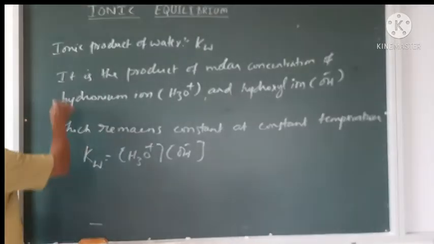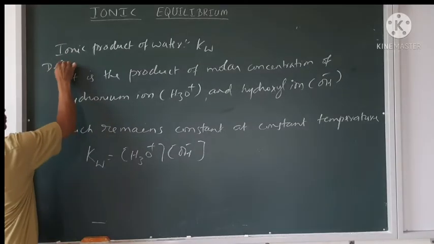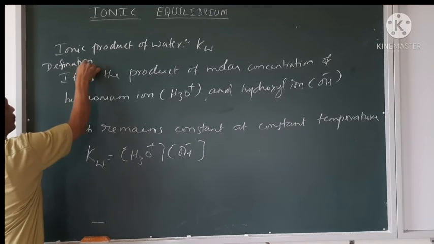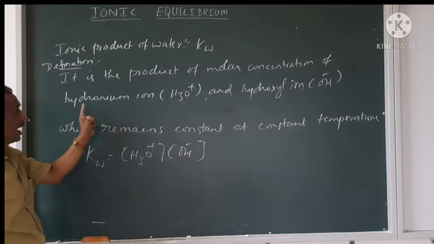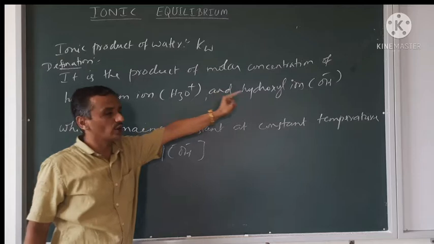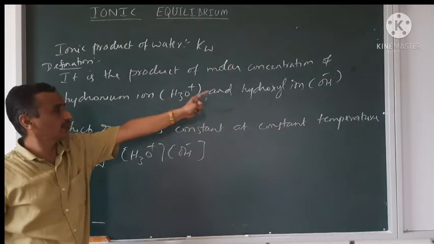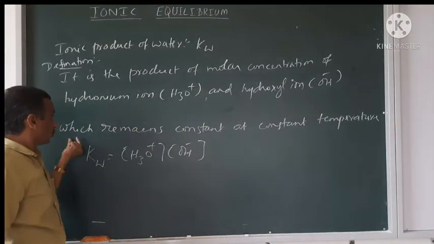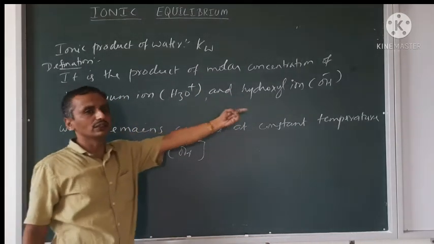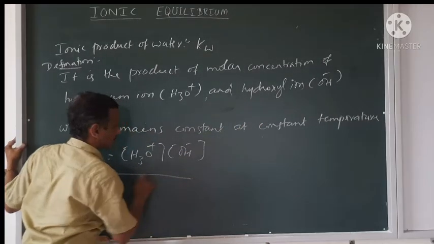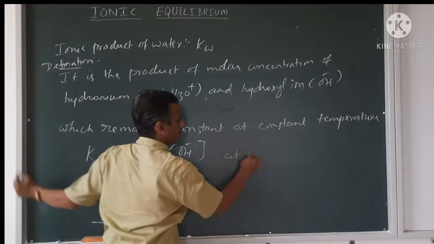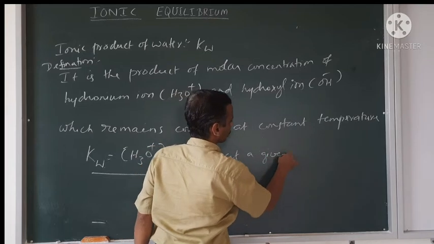So the definition is: it is the product of molar concentration of the hydronium ion and the hydroxyl ion, H3O plus and the OH minus ion concentration, which remains constant at a constant temperature. That is Kw is equal to this at a given temperature.